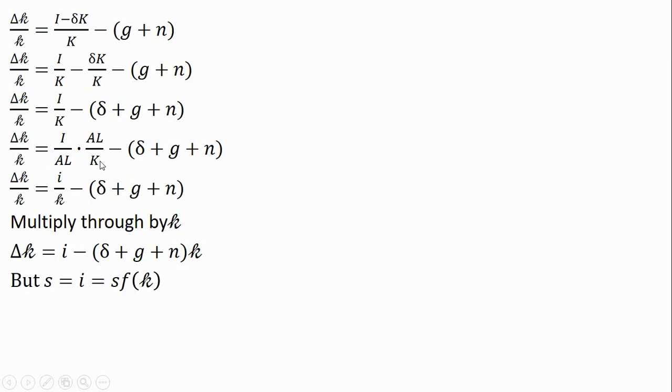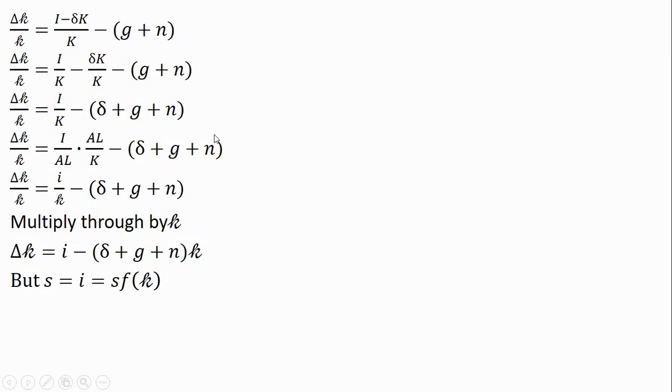AL over K is like an inverse of the kappa, of the capital per effective worker. So it's more of we are having 1 over kappa. That's why I come up with the final thing as change in kappa over kappa equal to our small i times 1 over kappa. If I multiply 1 over kappa times i, of course I'll get i over kappa, then minus sigma plus g plus n.